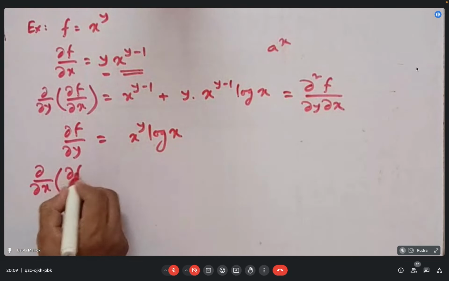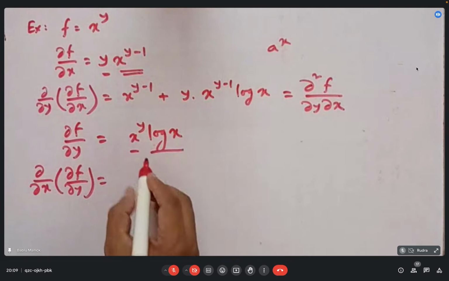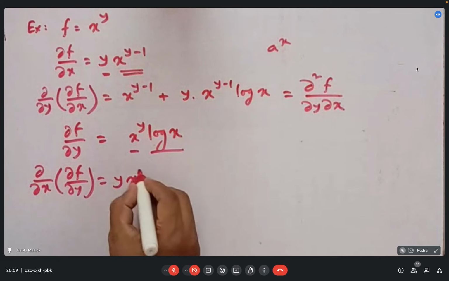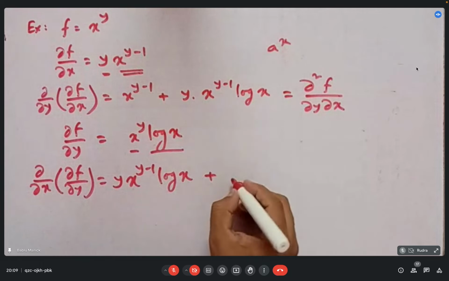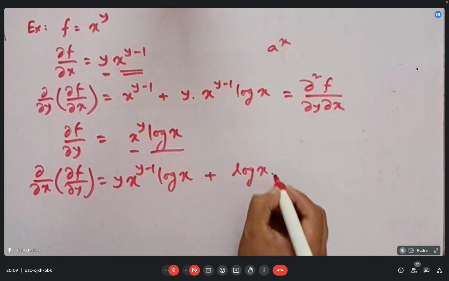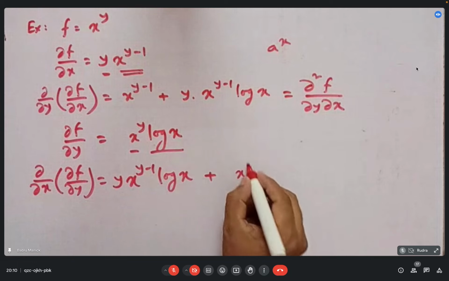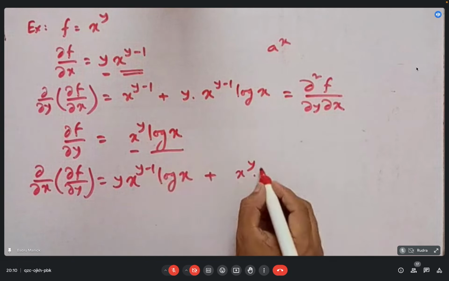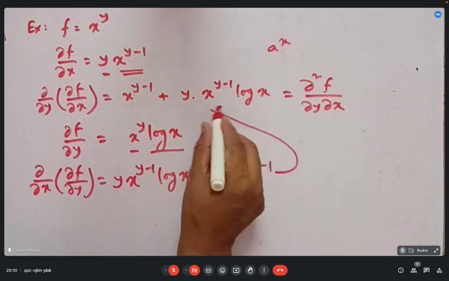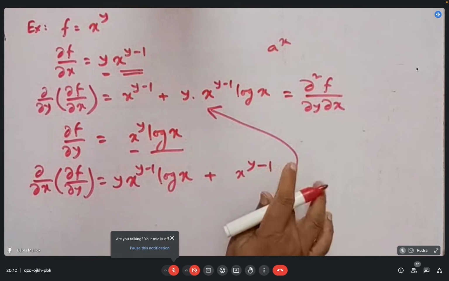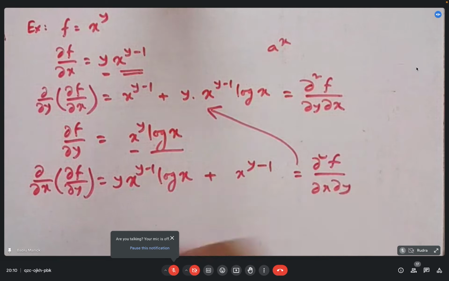Now del x of del f del y is equal to, using the product rule, y x to the power y minus 1 into log x, plus log of x into its derivative, x to the power y into the derivative of log x, which is 1 by x, so x to the power y minus 1. Look, these two are equal, so this is actually del 2f del x del y.